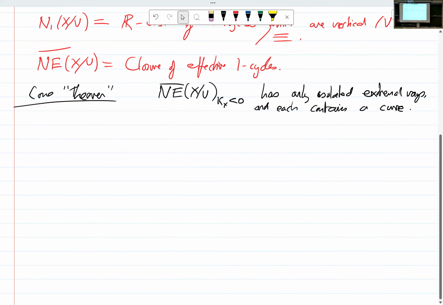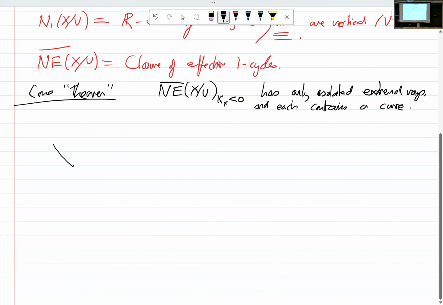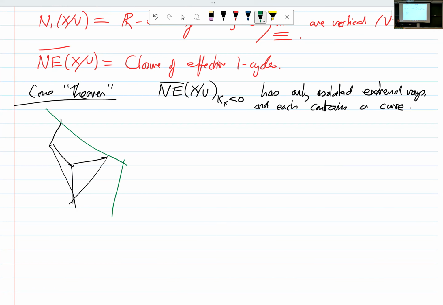Okay, so this means you have some cone of your 1-cycles, like so. And inside this vector space, you have Cartier divisors giving linear functionals. Here's the one for Kx being 0, meaning on the side facing me, this is where it's negative.